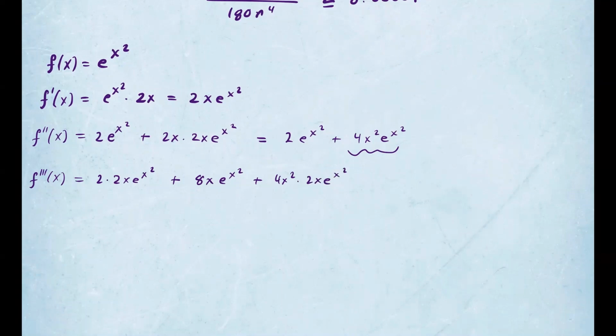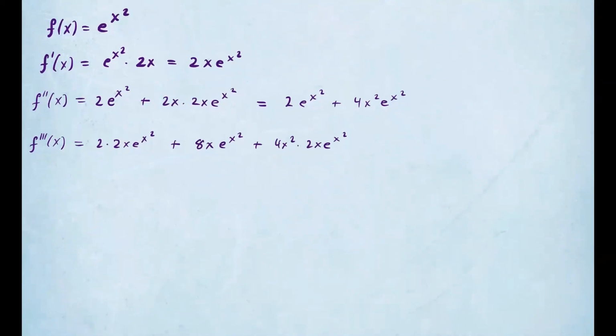Now we combine like terms and clean things up so that we can take the next derivative. This is 4x e to the x squared, and then we've got 8x e to the x squared, and then in this last term I can multiply 4 and 2, that's 8x cubed e to the x squared.